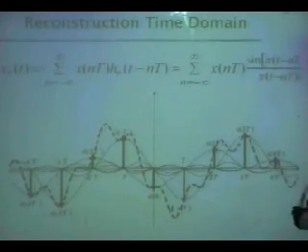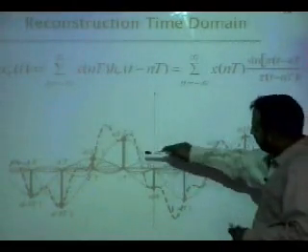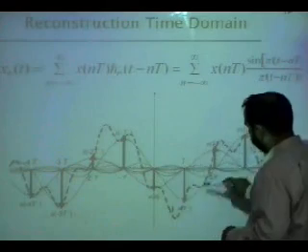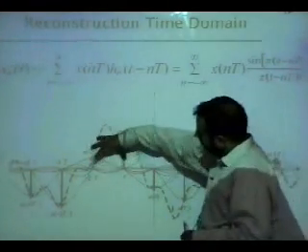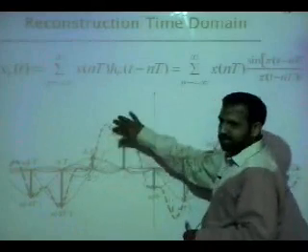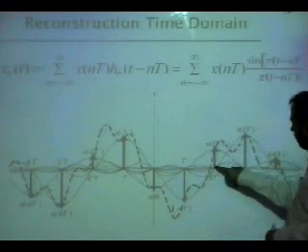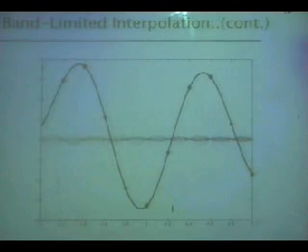Okay, these are the impulses, and at the location of each impulse you make a sinc. At the location of this you make a sinc, at the location of this you make a sinc, but then between these two there are so many sincs, and they will recreate the value. Exactly, they will recreate the value of the signal. Okay, so this is again shown for a sinusoid, that the sinusoid is recreated.